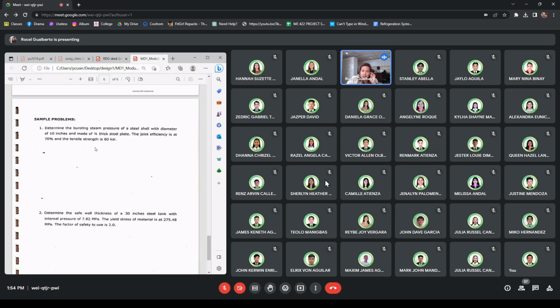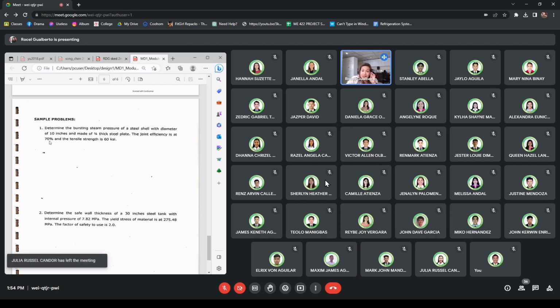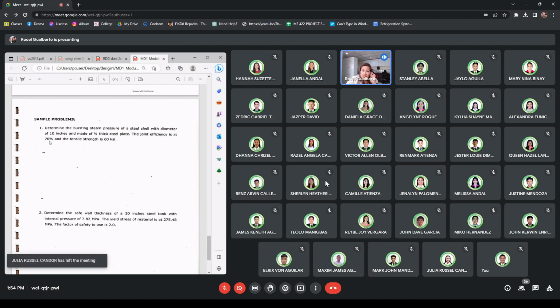Okay, bakit po hindi natin gagamitin ang factor of safety sa design stress? Your design stress will simply be equal to the tensile strength multiplied by the joint efficiency para magkaroon tayo ng lower design stress. Okay? Notice that we do not include the factor of safety. Why? Kasi ang pinapahanap ko sa atin is the bursting steam pressure. Okay?